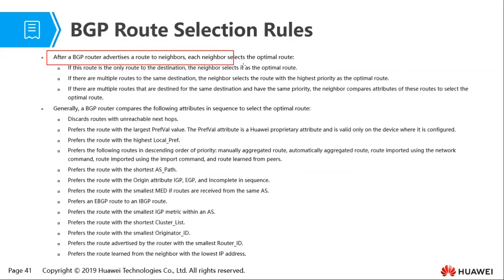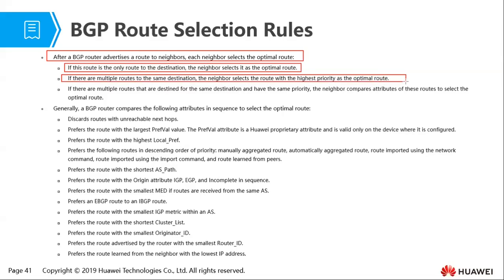After a BGP router advertises a route to neighbors, each neighbor selects the best route, or the optimal route. If this route is the only route to the destination, then the neighbor selects it as the optimal. So simply, you don't have a choice. You don't need to look into any other options.